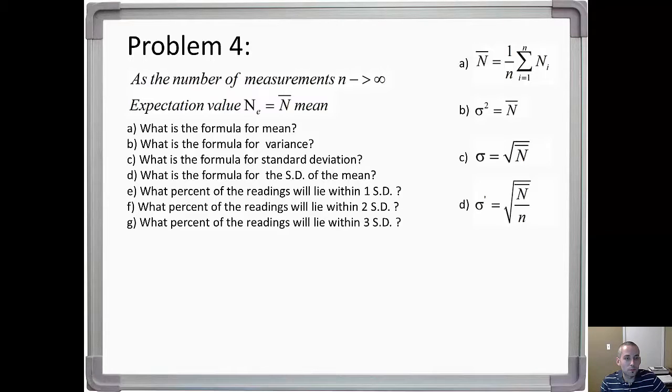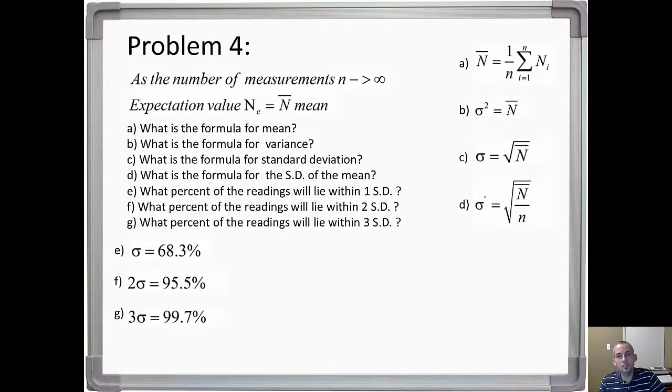Okay, part E. What percent of readings will lie within one standard deviation in a bell curve? So it's 68.3%. What about what percent of the readings would lie within 2 standard deviations? The answer is 95.5%. And what about 3 standard deviations? 99.7%.